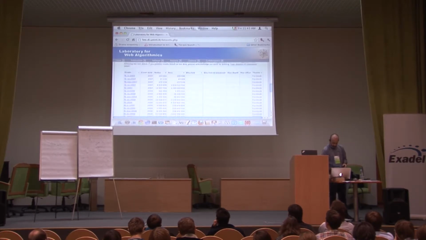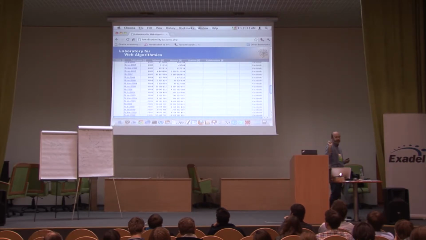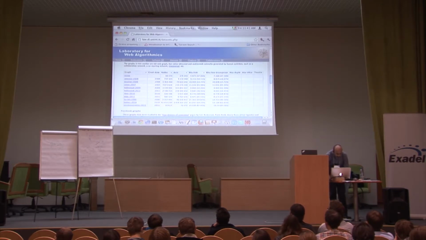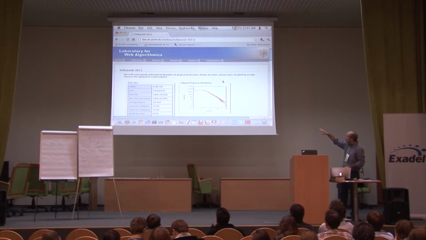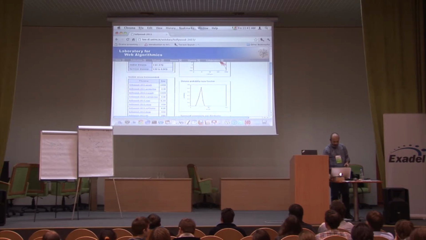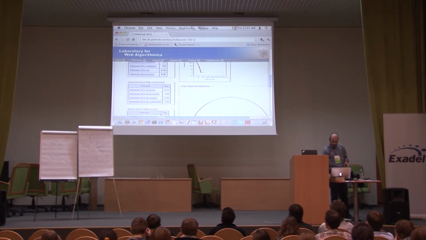And what else? These are Facebook graphs. Actually, we are not giving away some of these graphs. If you click on, let's say, Hollywood 2011, you see some of the characteristics of the graph, like how many nodes, arcs, the in-degree distribution, the out-degree distribution, the distance probability mass function, the size of connected components.